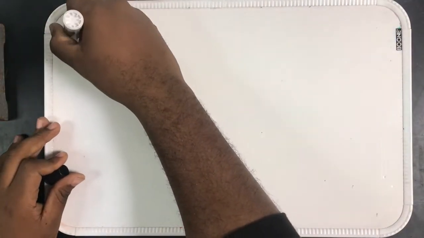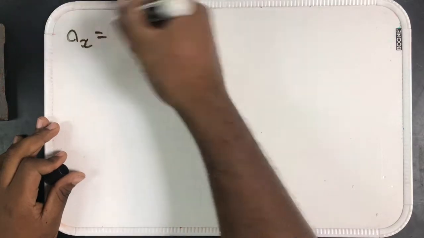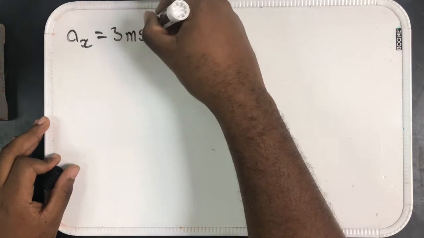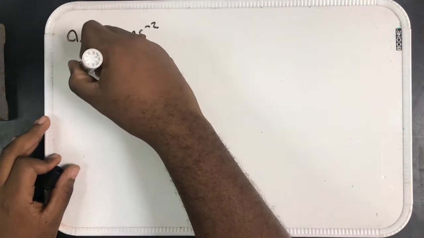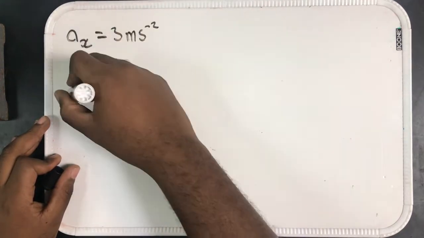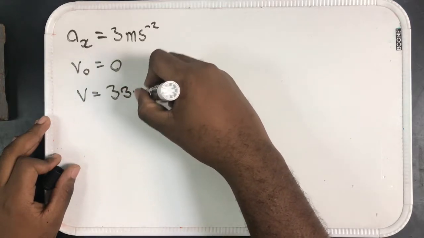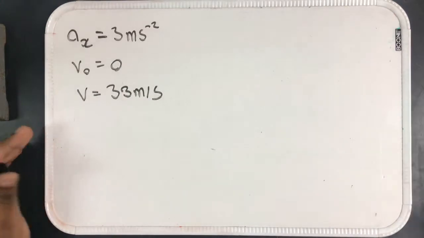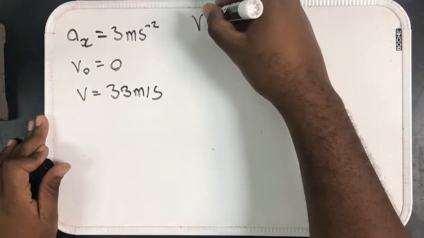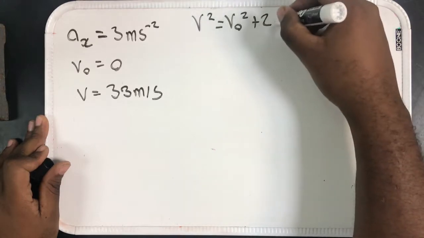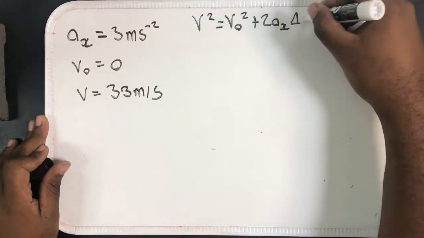So we have our acceleration in the x, which is 3 meters per second squared. We have our initial velocity, which is 0, and we have our final velocity, which is 33 meters per second. And it's looking a lot like we're going to end up using this equation again.